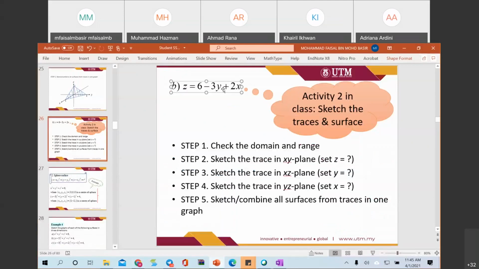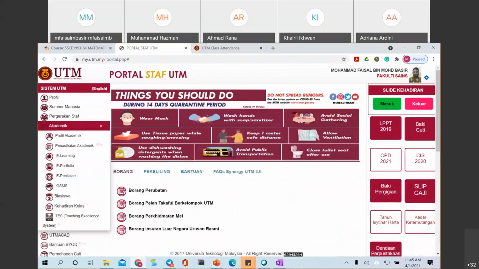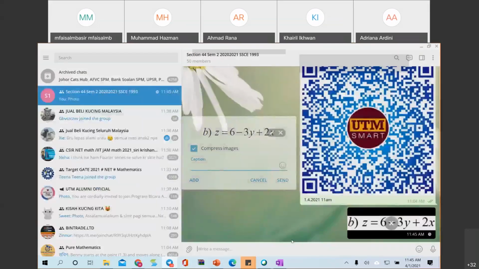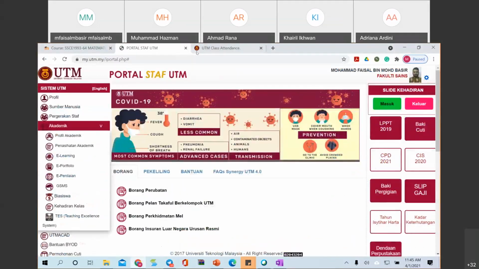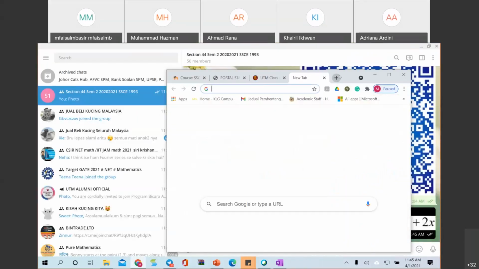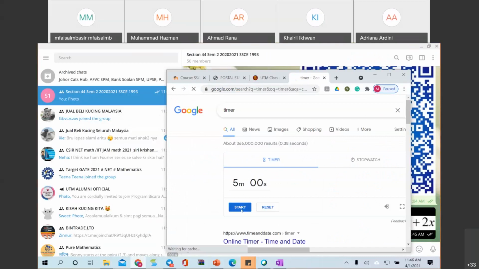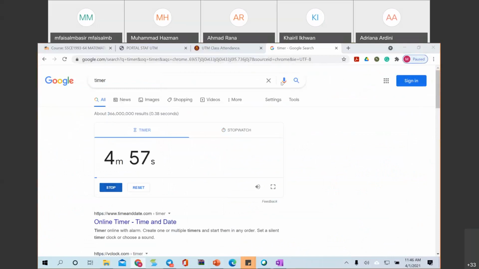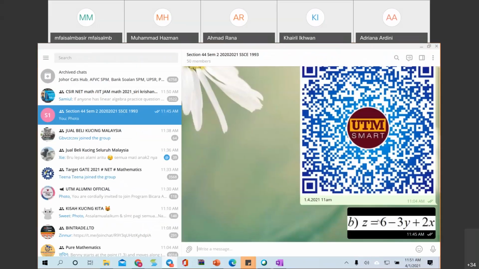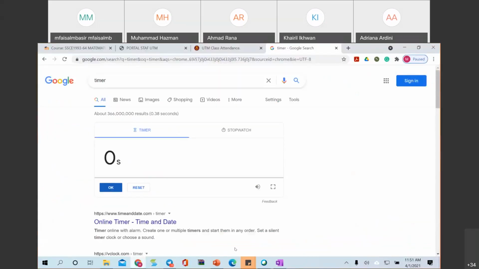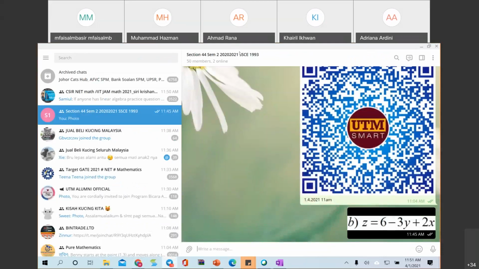So I will copy this to Telegram. So where is the answer? Just a minute, doctor. I am just drawing the 3D.